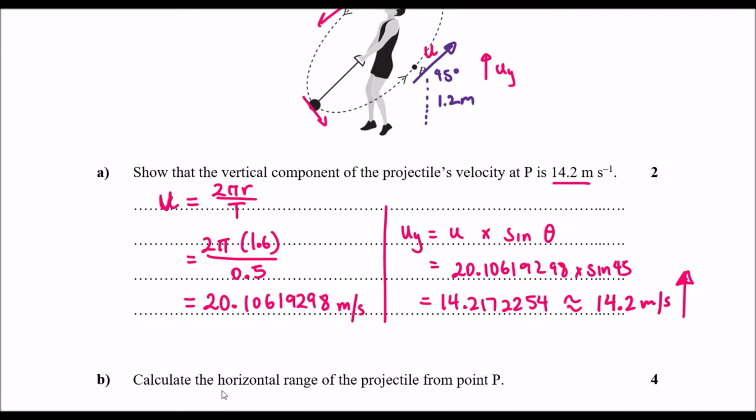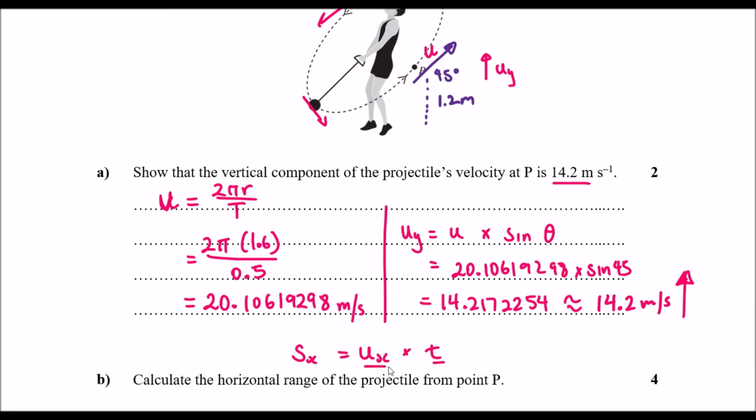It says calculate the horizontal range of the projectile from point P. Okay, so in order to find the horizontal range, there's a couple of things we need to know: the initial horizontal velocity, and also the time it takes for it to fall. To find horizontal range, the formula I need to use, with Sx to represent horizontal range, is Sx equals ux multiplied by t.